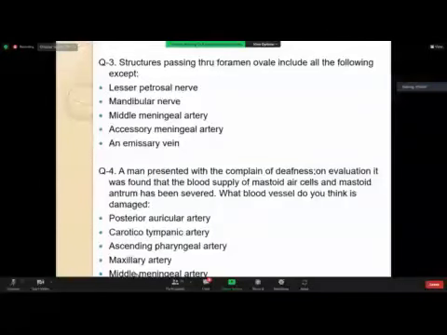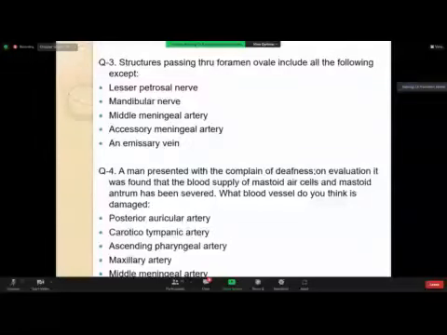Auricular artery, A. पोस्टीरियर ऑरिकुलर. आप अगर मेस्टॉइड देखते हैं जो है वो उसके एरिया के हिसाब से होगा. ठीक है. तो पोस्टीरियर ऑरिकुलर इज द करेक्ट आंसर.